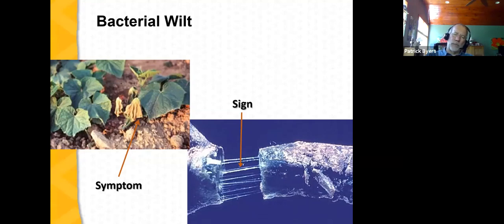If the bacteria are present, we see what's called streaming, the formation of streams made up of those polysaccharides that the bacteria have produced. These are what are plugging up the conducting tissue of the cucumber vine. This can be a useful way to identify bacterial wilt on cucumbers.